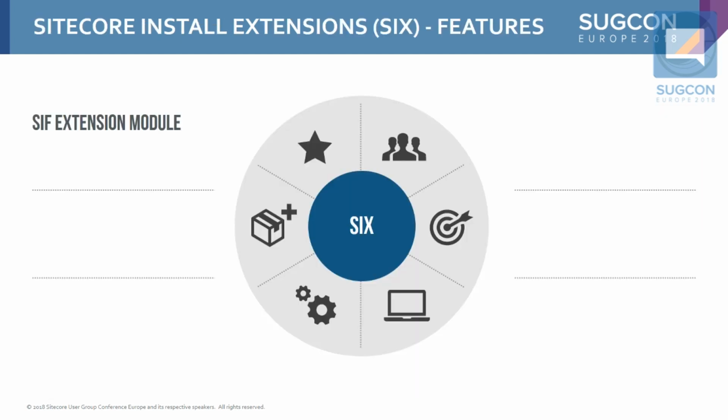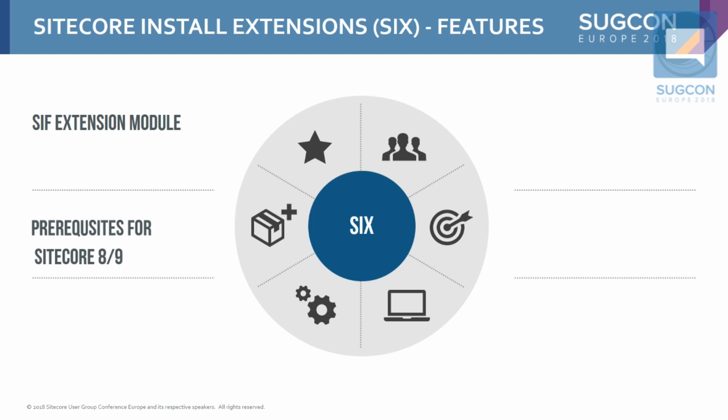Okay, what features are available in SIX? SIX works precisely the same way as SIF, so this is a SIF extension module. We have tasks that allow the user to install prerequisites for Sitecore 8 and Sitecore 9. You can install Solr with all its certificates.